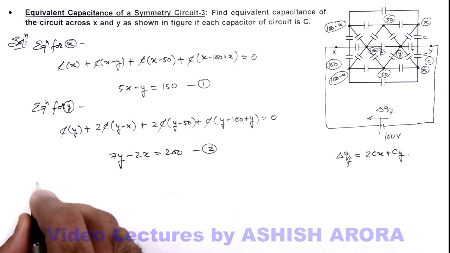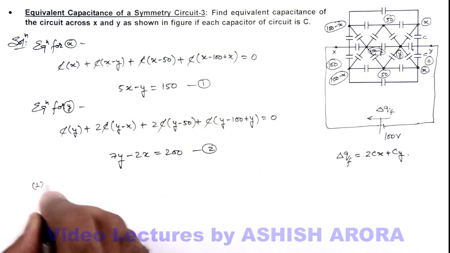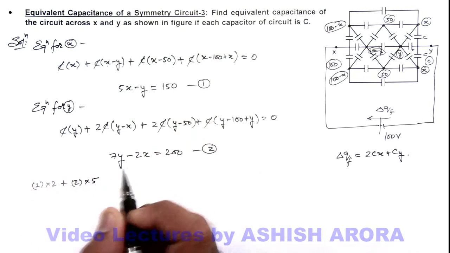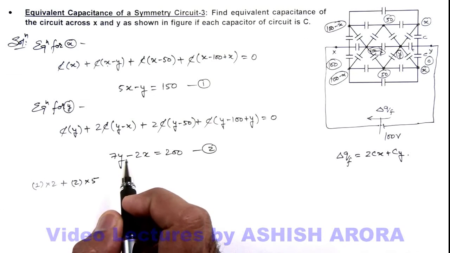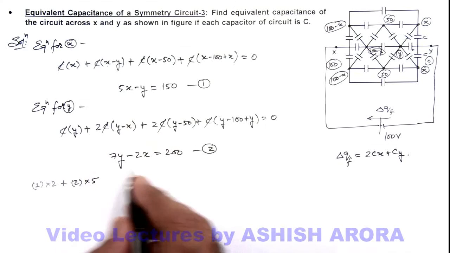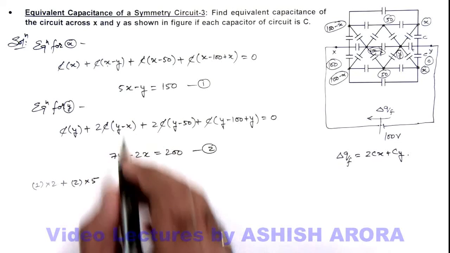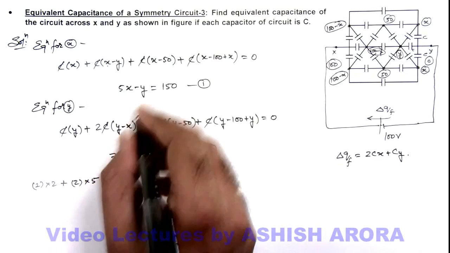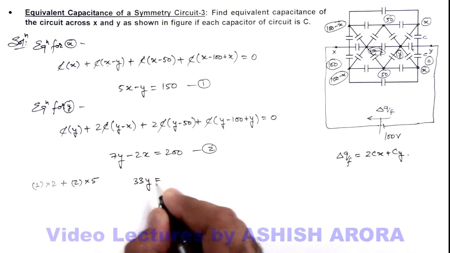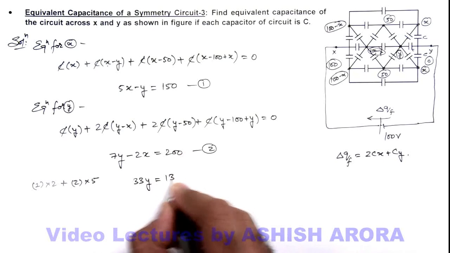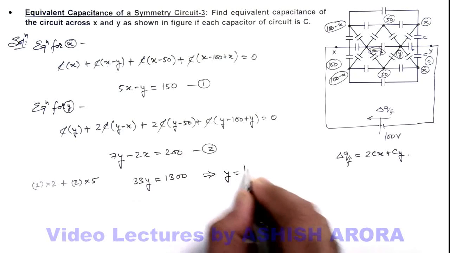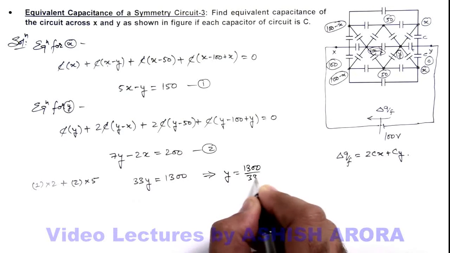Like here what I can do is multiply equation 1 by 2 and add it to equation 2 multiplied by 5. So in this situation you can see X will be eliminated, and what I'll be getting for Y is 2 plus 35, minus 2 plus 35 is 33 Y, which is equal to 1300, and this gives us the value of Y, which is 1300 by 33 volt.